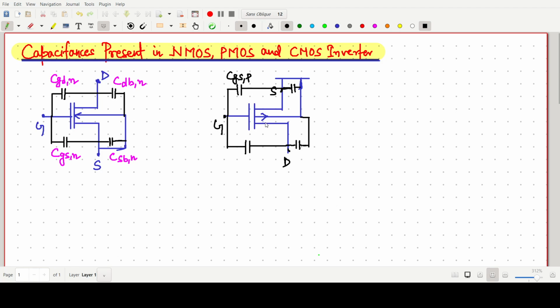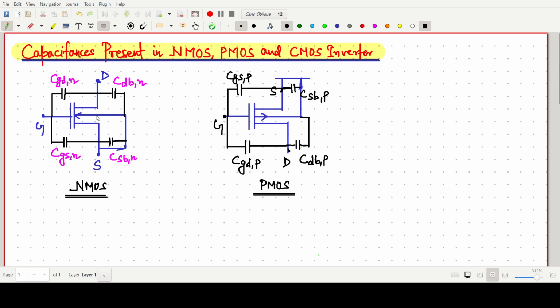This one is our drain and bulk capacitance of P, and this one is our CSBP. So this one is our NMOS and this one is our PMOS.